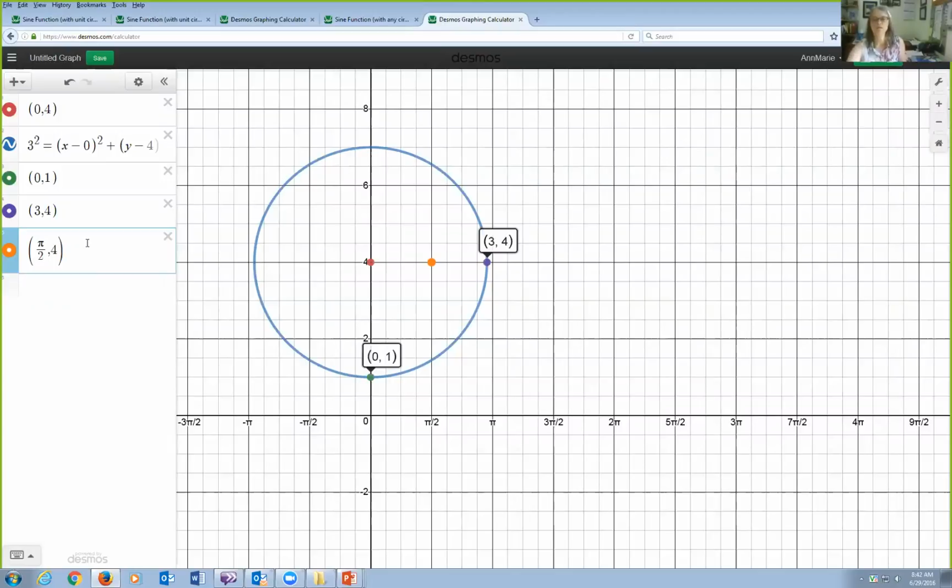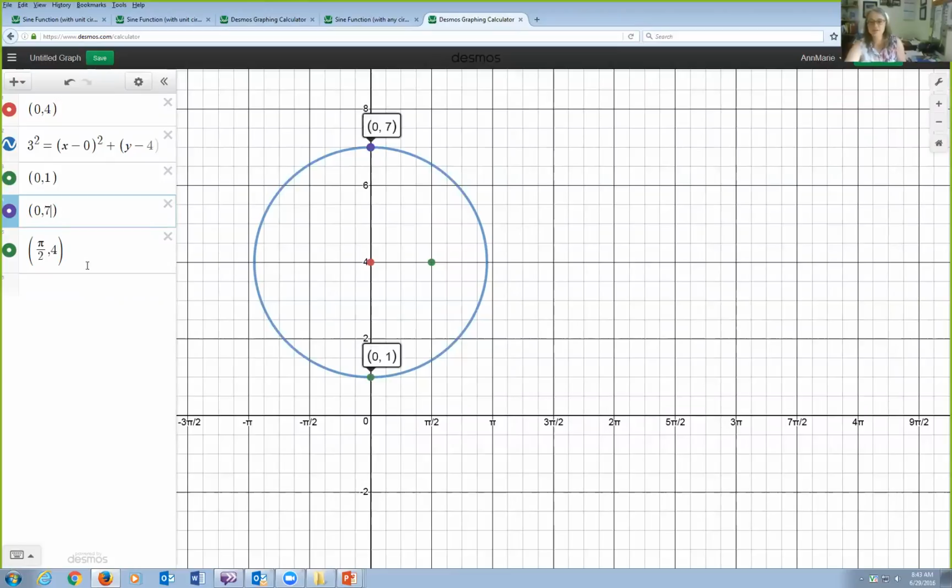My green points represent the height of the point as it moves around the circle. Okay? Let's move my point on up to the top of the circle.